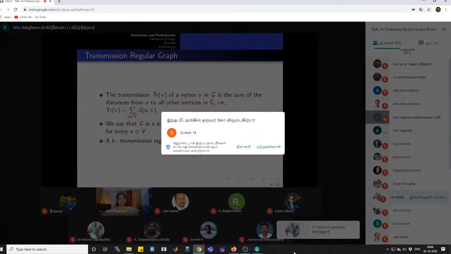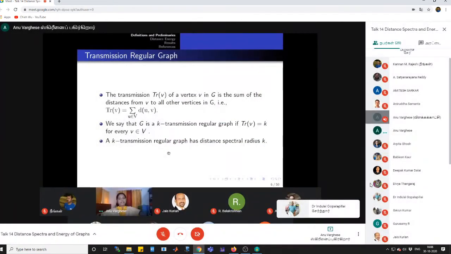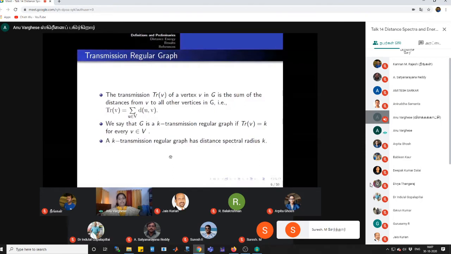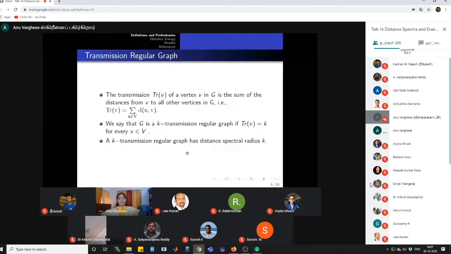We know that in the case of regular graphs, every row sum will be a constant, and hence the spectral radius of the adjacency matrix of a graph is that constant row sum. So we can get the spectral radius of a graph by finding the constant row sum in the case of regular graphs.